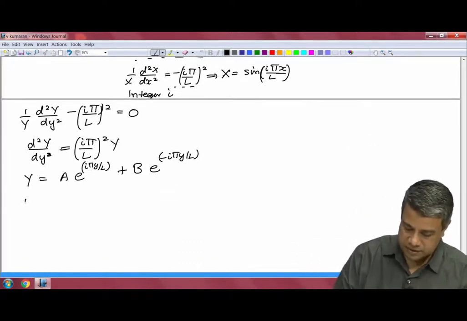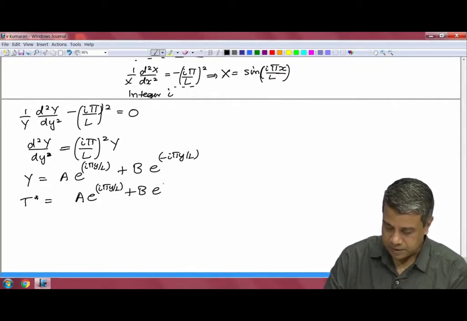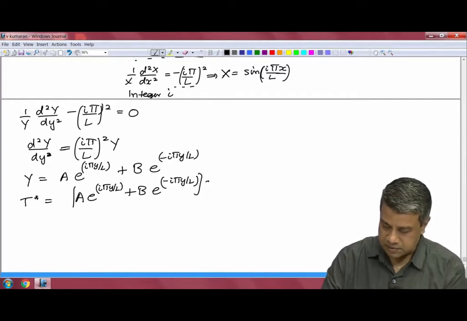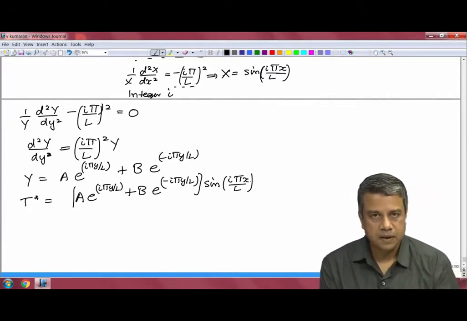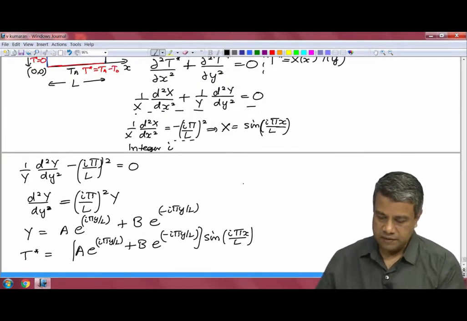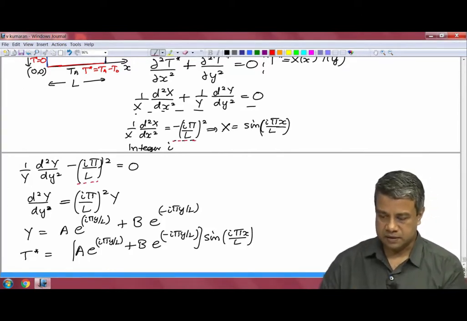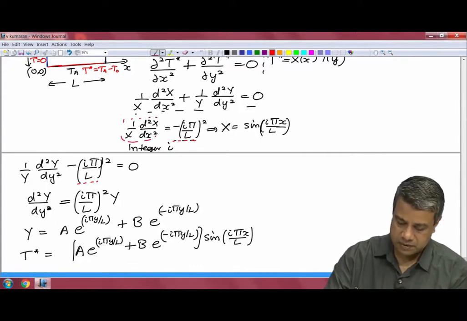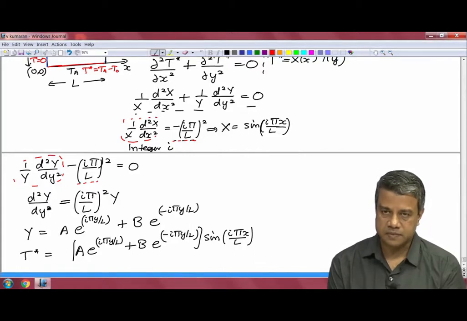Therefore, T star has the form a e power i pi y by L plus b e power minus i pi y by L, the whole thing times sine of i pi x by L. This solution satisfies the equation for any value of i, because 1 over X times d square X by dx square plus 1 over Y times d square Y by dy square, the sum of these two, is equal to 0 for this solution, a combination of an exponential and a sine function.